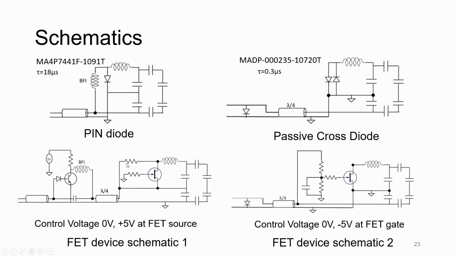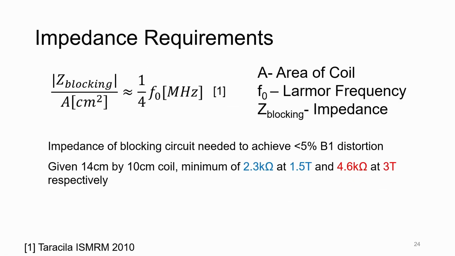The one on the bottom left provides a control voltage of 0 or positive 5 at the FET source, and the one on the bottom right provides a control voltage of 0 volt or negative 5 volt at the FET gate. This gives us different options in terms of control voltages depending on what our scanner outputs.